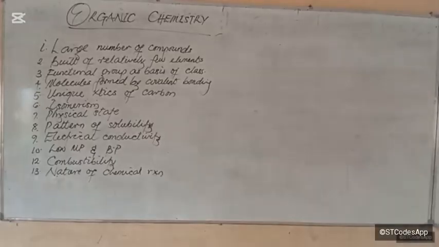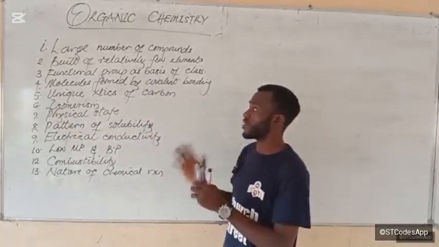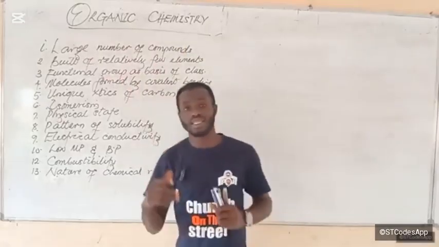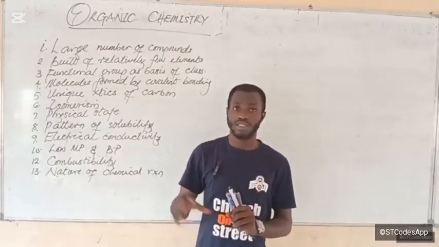All right, so now some of the reasons why we said that organic chemistry was given a separate field include the large number of compounds that can be formed by carbon.